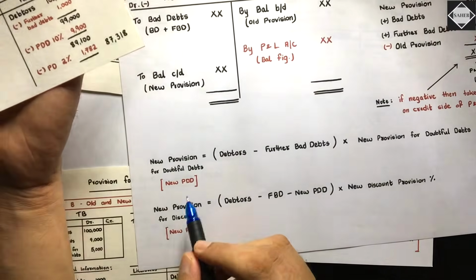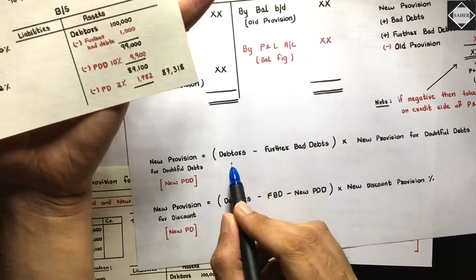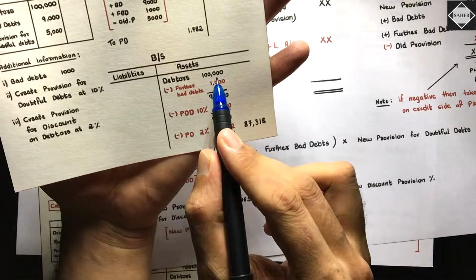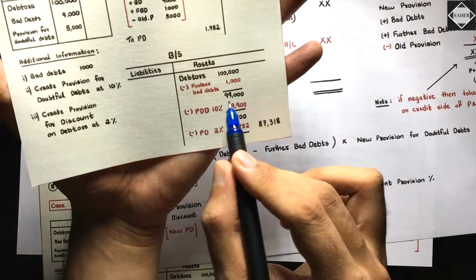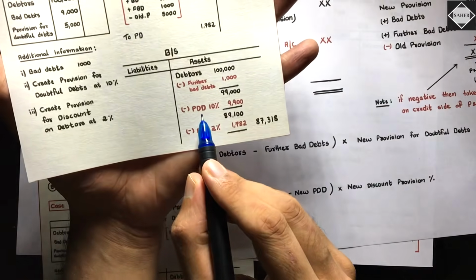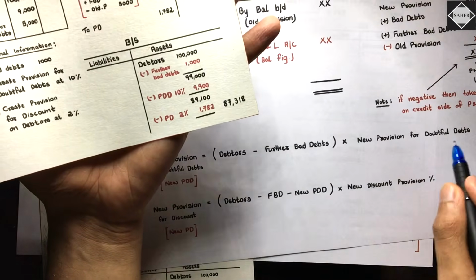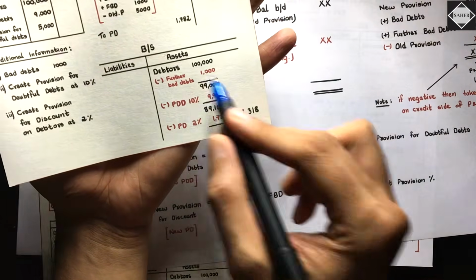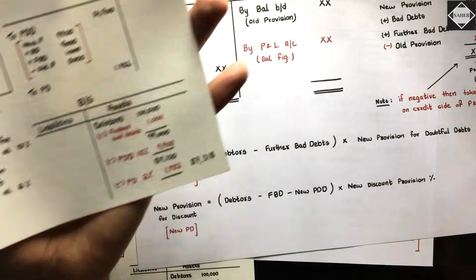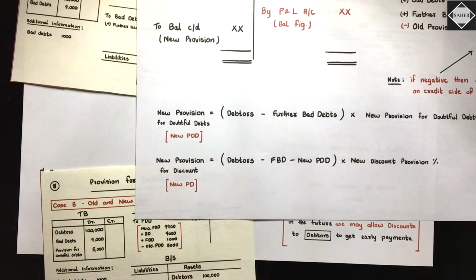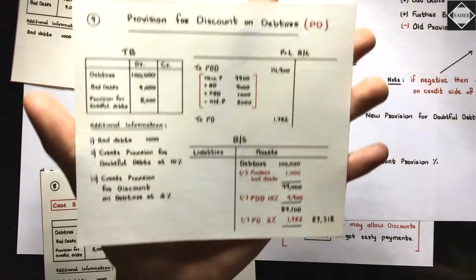See how you will calculate new PDD. To calculate new PDD, you have to take the debtors minus further bad debts. Then whatever you get, on that you will calculate the PDD percentage, into new provision for doubtful debts percentage. This I have explained in the form of a formula. Then new provision for discount. How will you calculate it? Really simple.